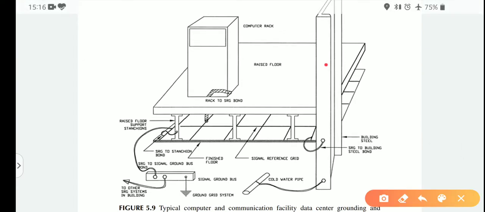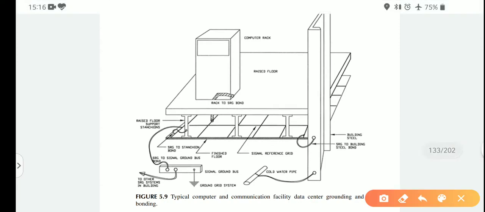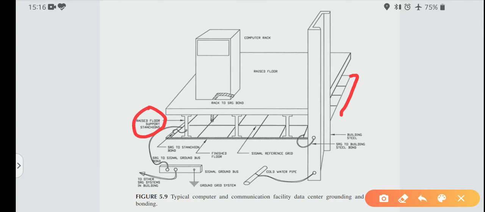This figure indicates the whole arrangement. This is the whole mesh we have seen earlier. This is the raised floor support for the stanchions.